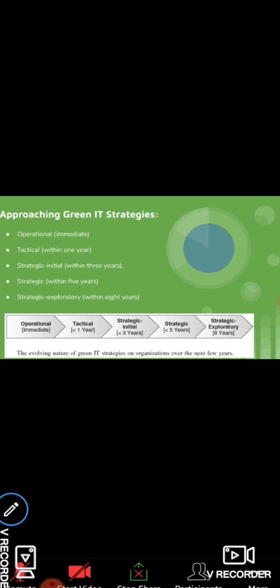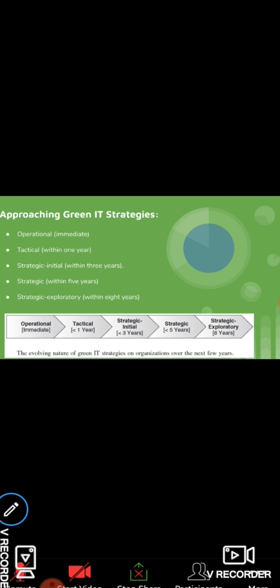So this will come into your first tier, that is your operational immediate tier. The action will be taken immediately. That's why this comes under the first tier, that is the operational tier.